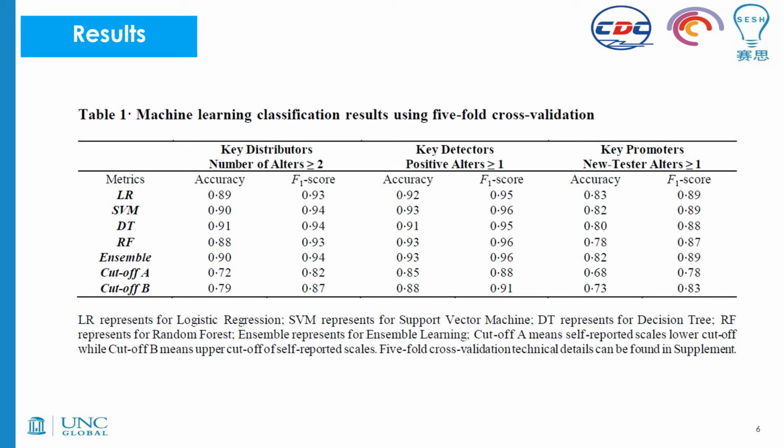Key distributors refers to indexes who could distribute 2 or more kits to alters, the key detectors means indexes who could help us find positive alters, and the key promoters means indexes who could help us find newly tested alters. We could see that the ensemble machine learning achieved the highest accuracy no matter which type of key influencer identification.